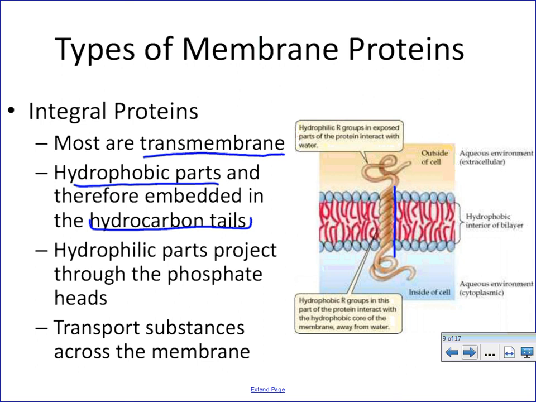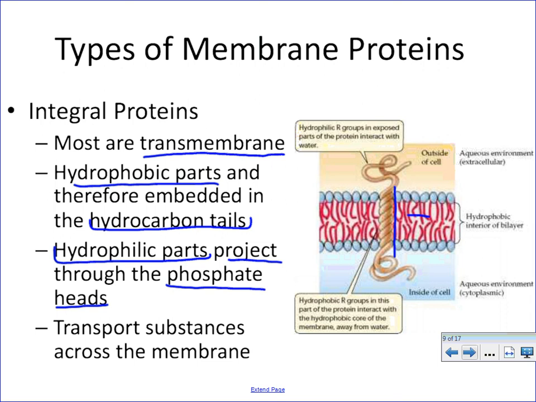There is also a hydrophilic portion to an integral protein, and this projects through the membrane and through the phosphate heads, and will interact with the aqueous solutions in the extracellular matrix or in the cytoplasmic region of the cell.